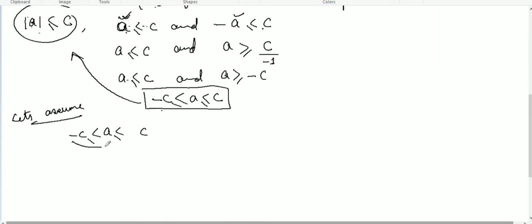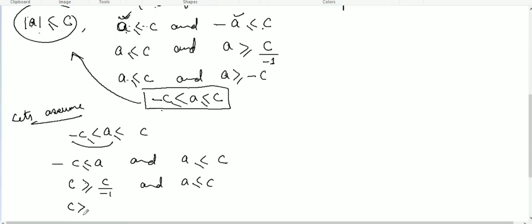So minus C less than or equal to A. And we can take the second part here, A less than or equal to C. Then, taking minus 1 to this side, the sign will be opposite.